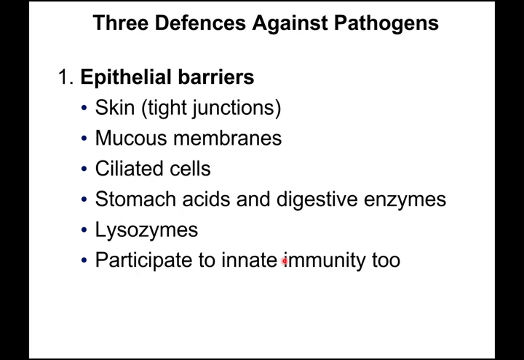And also the acidity of the stomach, the digestive enzymes, different enzymes that are produced, like lysozymes, for example, your saliva contains lots of them, and the presence also of antibodies in different fluids already prevents the entrance through the epithelial barriers into your body or any organism's body.